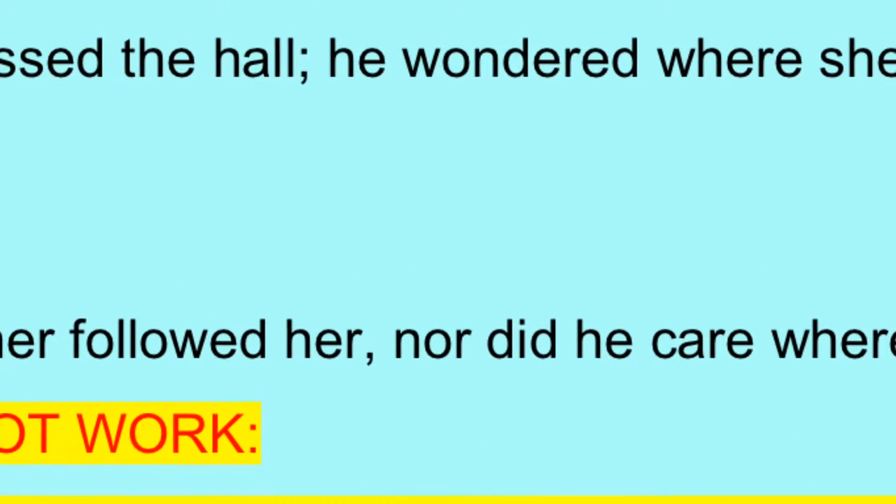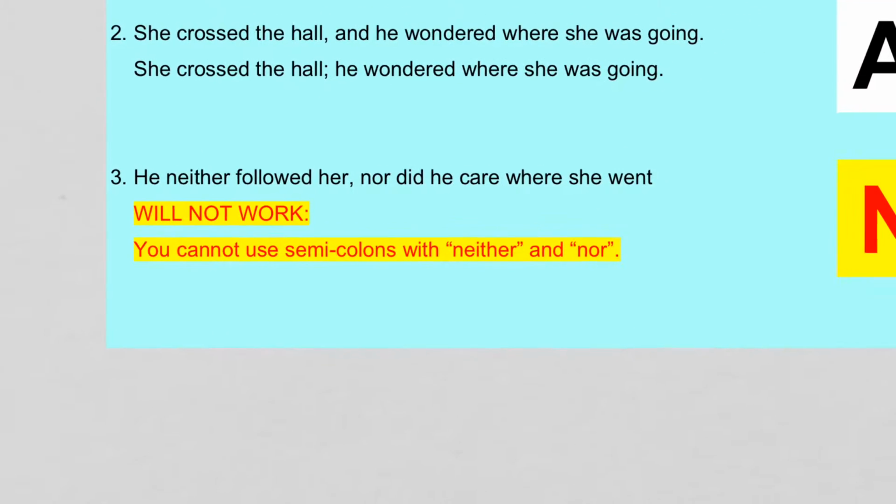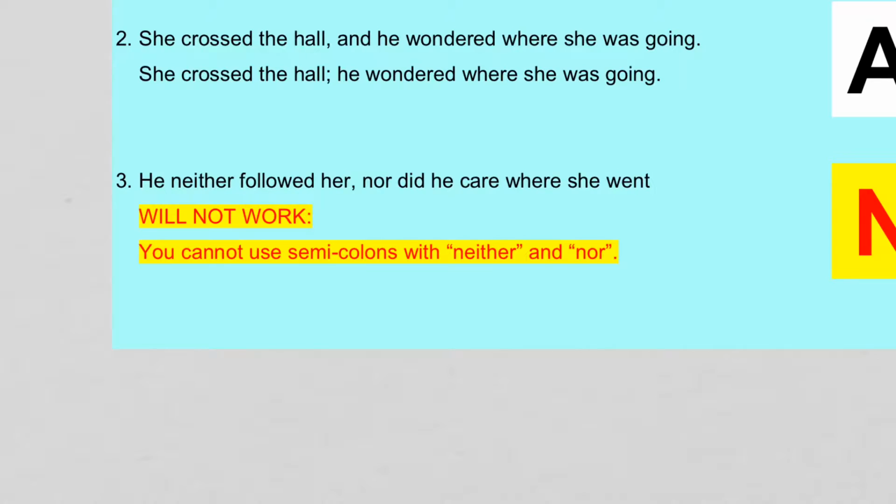So it's sort of like two things are happening at the same time, and they're very much related, because at the same time as she's crossing the hall, he's wondering about that. So that's why in this case the semicolon works very well.